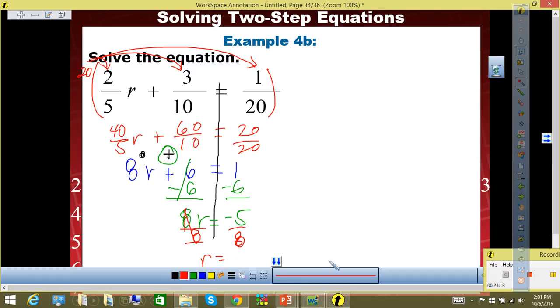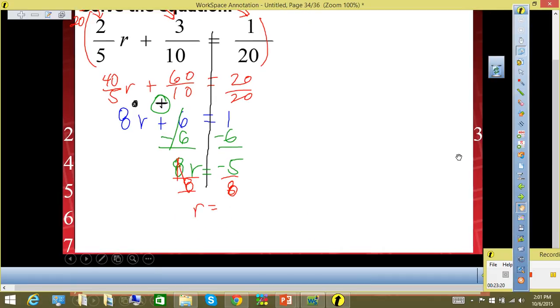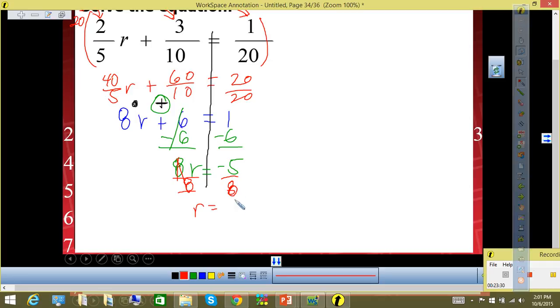We're left with r equals. What do we have left? Are we dividing? Okay, we're left with negative 5/8.